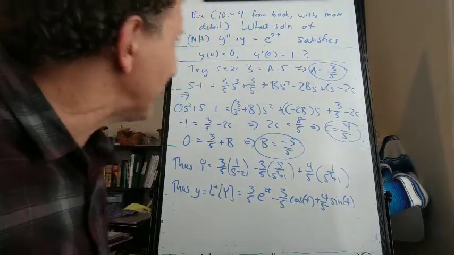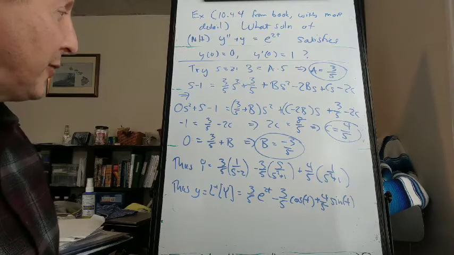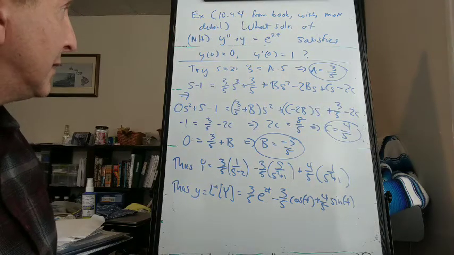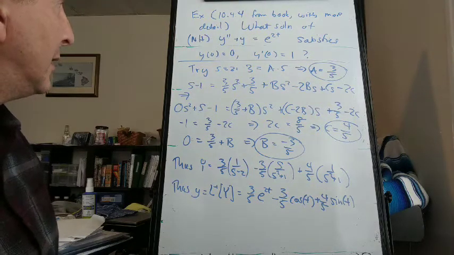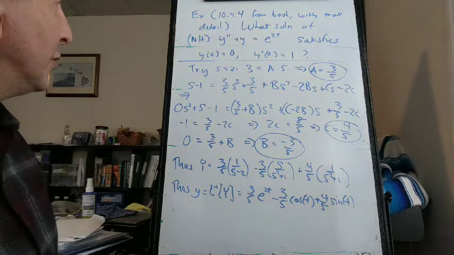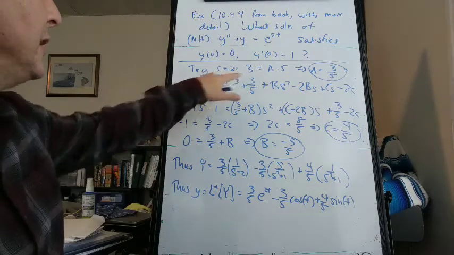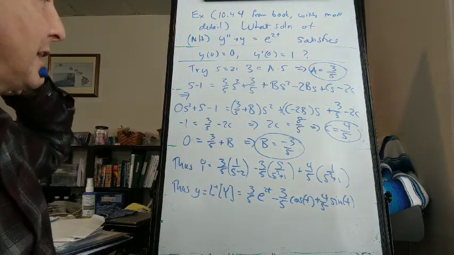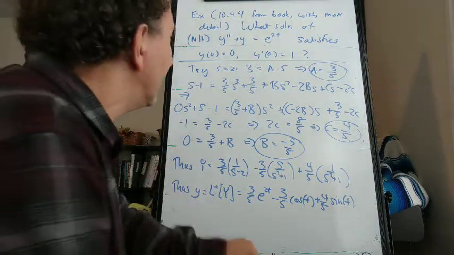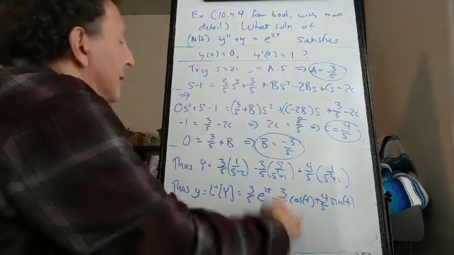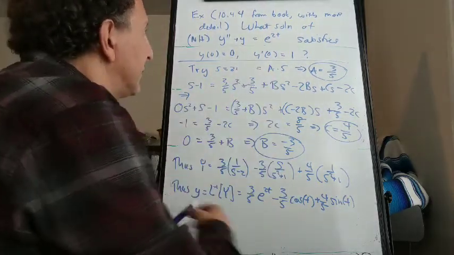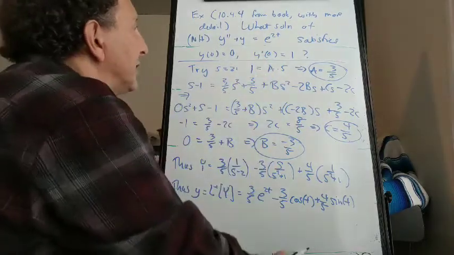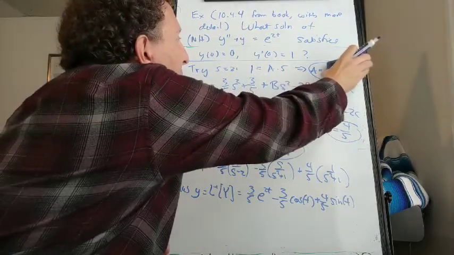Alright, that doesn't match what I have in my notes, so I'm looking for a silly error I might have made. Now when s equals 2, oh darn it, I wrote 3 on the left-hand side when I meant 2 minus 1 is not 3, but it's 1. So 1 equals a times 5, which means that a equals 1/5.